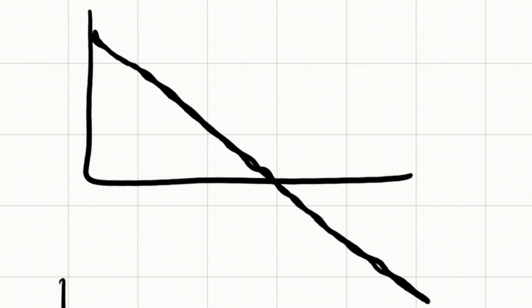B is the y-intercept here, because anything that's multiplying x is the function, and then plus b is where it intercepts. So this point here is b, and 2a is the slope of this curve.